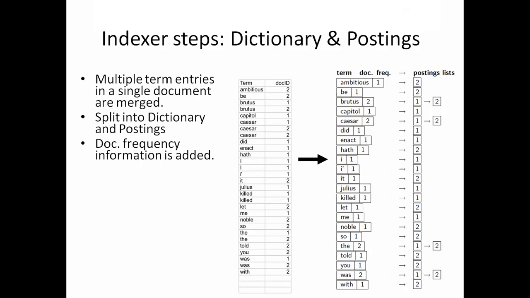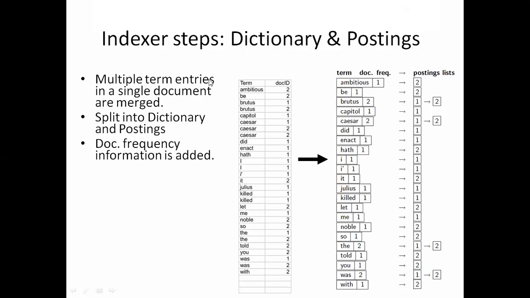For B, we get document ID 2. Brutus is in document ID 1 and 2, so we have written 1 and 2 here. Caesar 1 and 2, similarly the 1 and 2, and was 1 and 2. So this is split into dictionary and posting, and document frequency information is added.